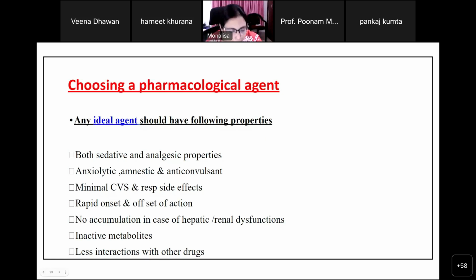It should have inactive metabolites so that they don't linger in your body forever. And it should have fewer interactions with other drugs. Now remember, this is an ideal agent. It's difficult to fit all these characteristics, but we should keep this in mind before starting your patient on any sedation, anxiolytic, and analgesic in ECMO.